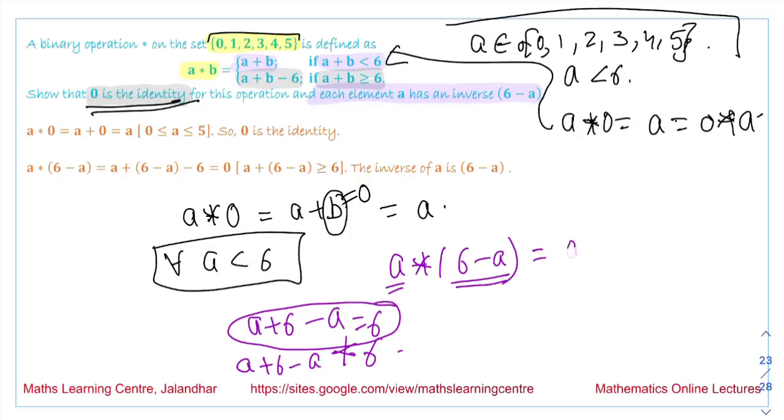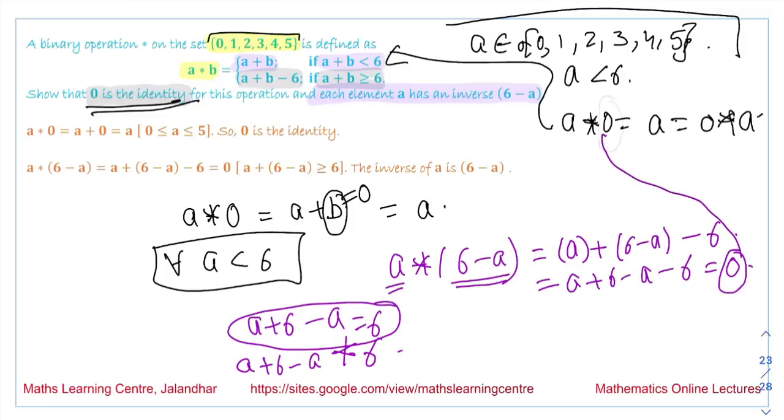So the answer in this case will be A plus 6 minus A minus 6, that is equal to 0, and 0 is the identity element that we have. So A star (6 minus A) is equal to 0, and the inverse of A is 6 minus A.